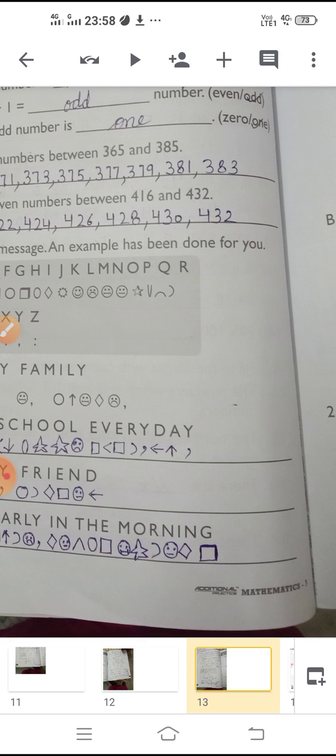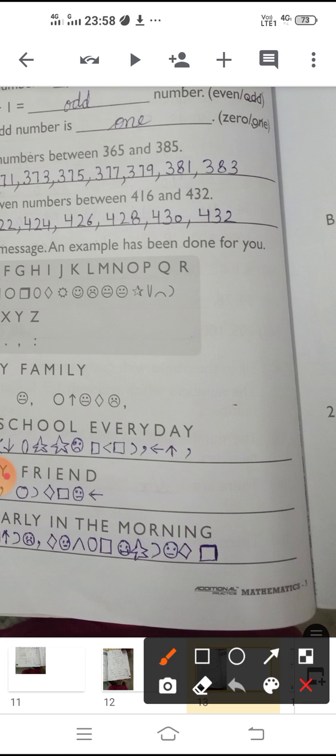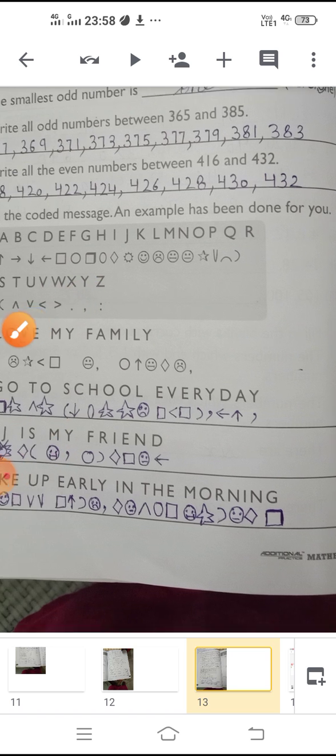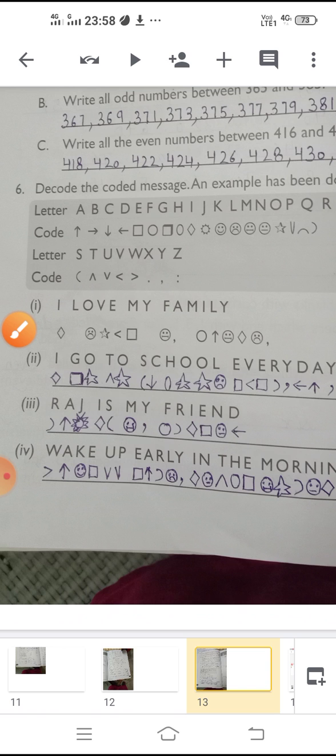So up to 432 we have these numbers. We have to write the numbers between, so we will not write 432. Up to 430 we will write our numbers. Understood?